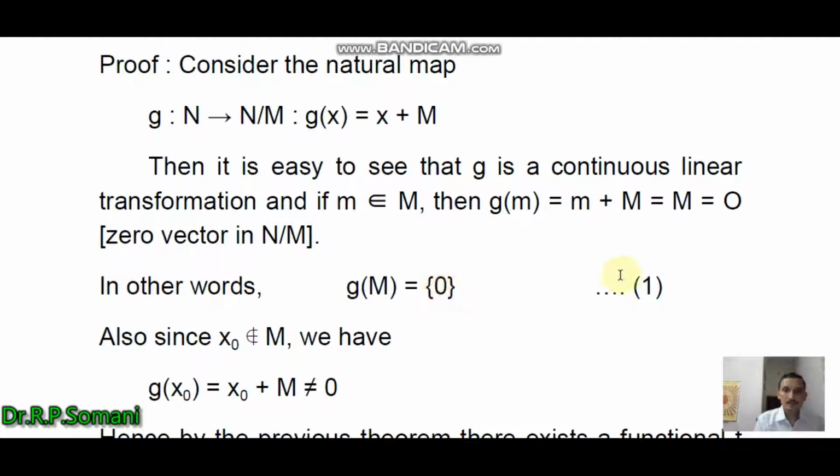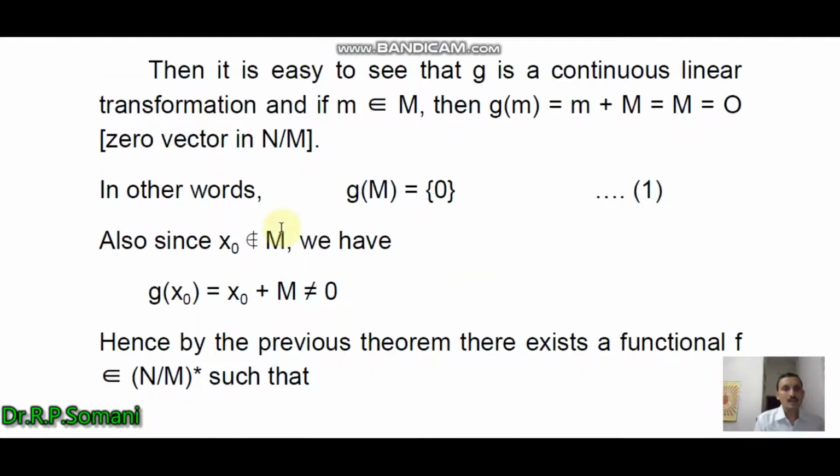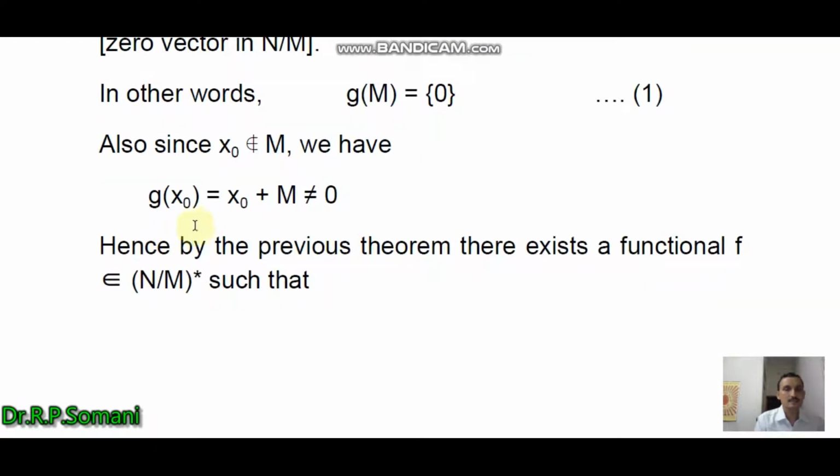We denote this as equation number 1. Also, since x0 does not belong to M, we have G(x0) = x0 + M, not equal to 0.